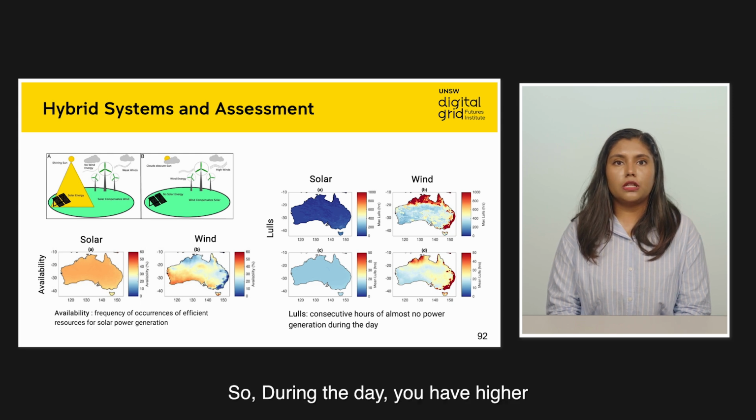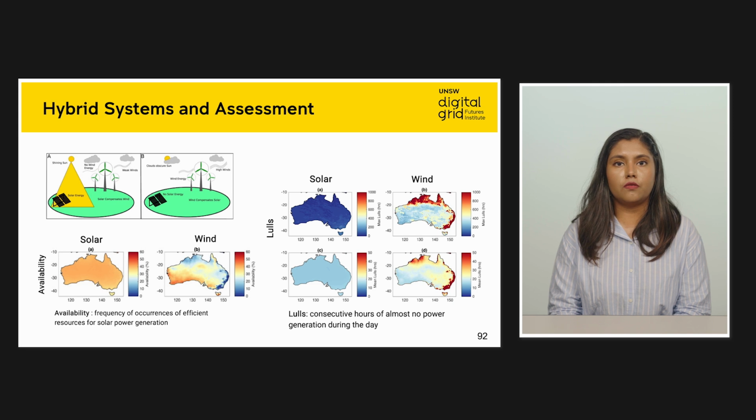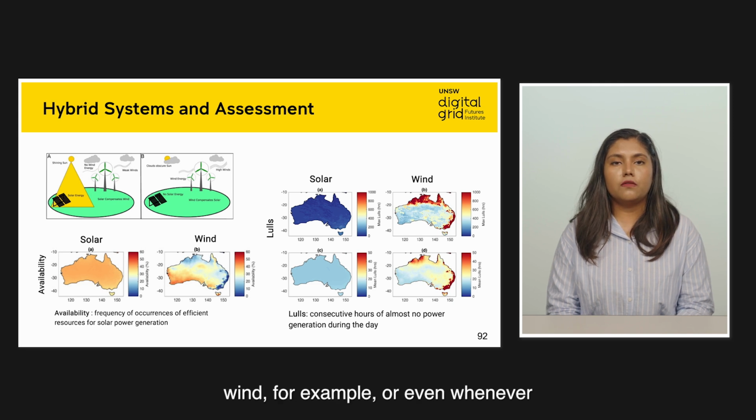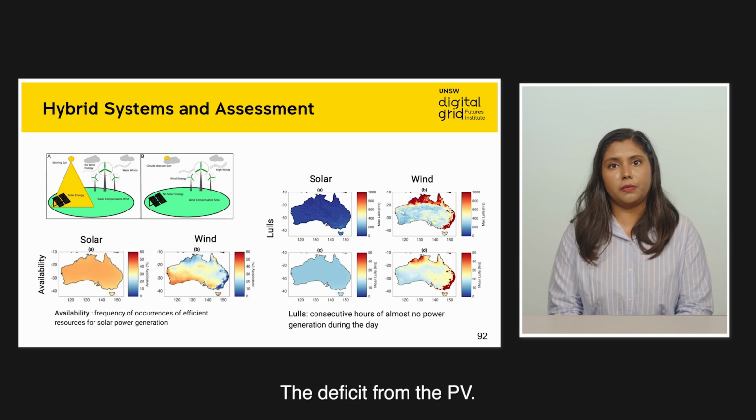So during the day you have higher solar resources, but at night whenever there is no generation from the solar PV, you can utilize wind, for example. Or even whenever there is a huge cloud passing across during the day and the amount of generation from your PV decreases, your wind can actually supply the deficit from the PV.